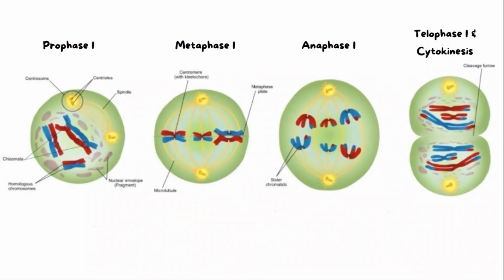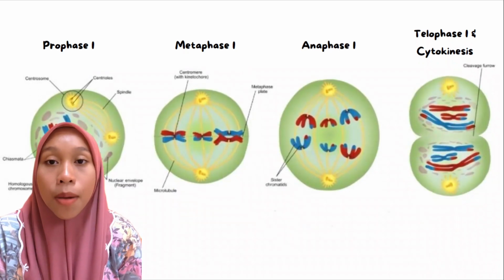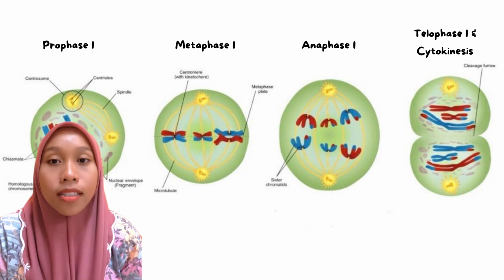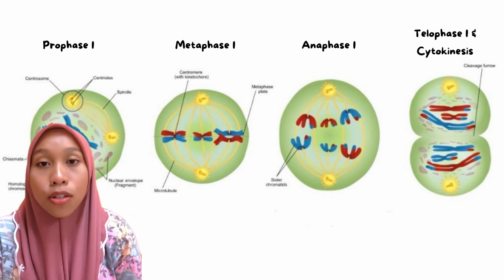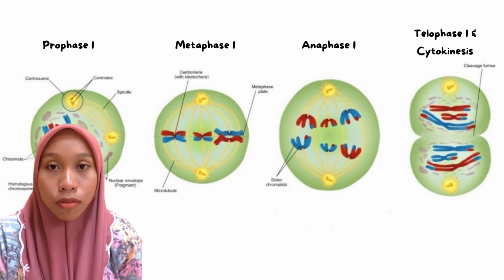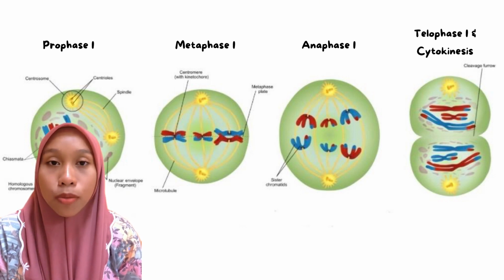As you can see, there are prophase 1, metaphase 1, anaphase 1, telophase 1, and cytokinesis. So, for prophase 1, the chromosomes condense and the nuclear envelope breaks down. Crossing over occurs. For metaphase 1, pairs of homologous chromosomes move to the equator of the cell.